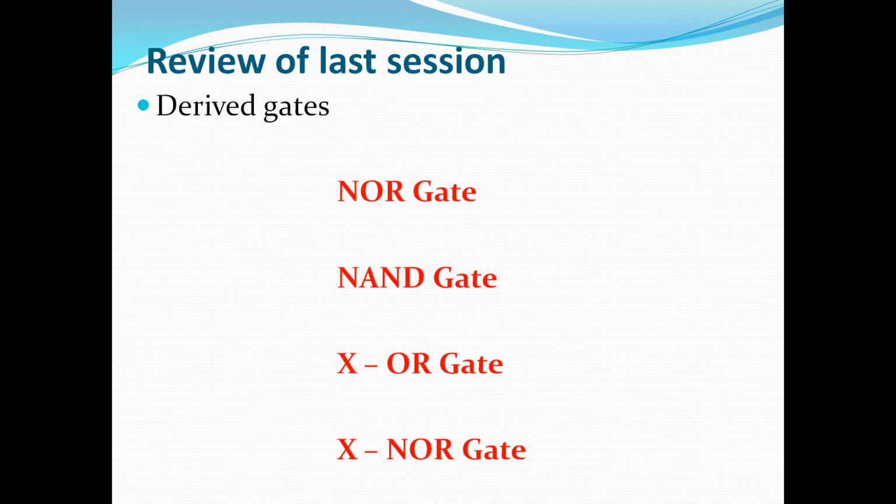The derived gates are the NOR gate, NAND gate, XOR gate and XNOR gate. These four gates are known as derived gates. In the last session we discussed these four gates: NOR, NAND, XOR and XNOR.